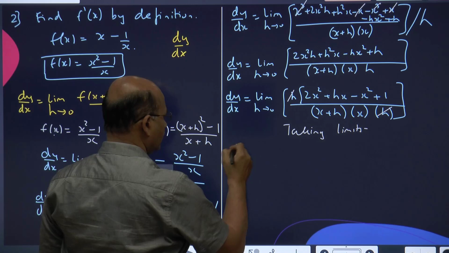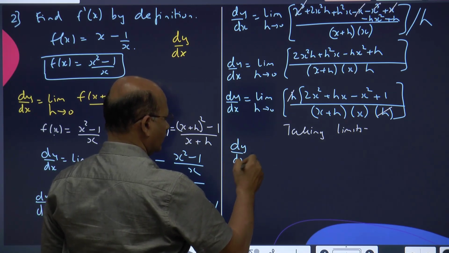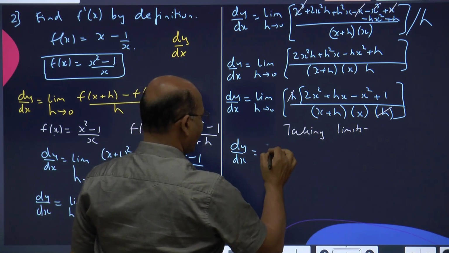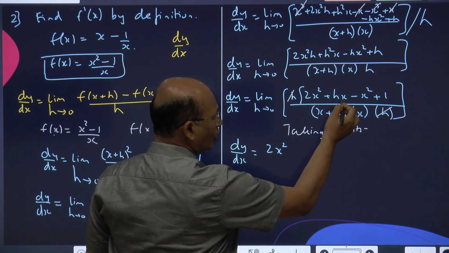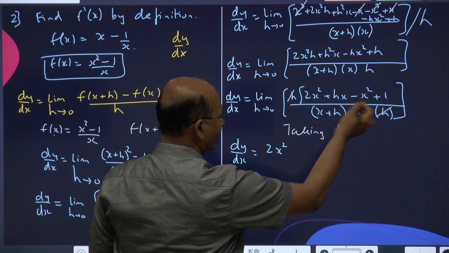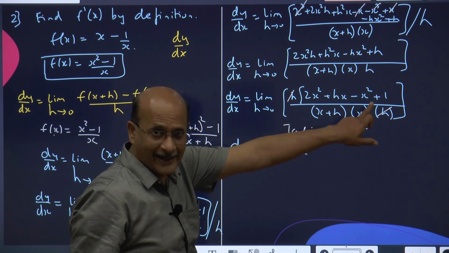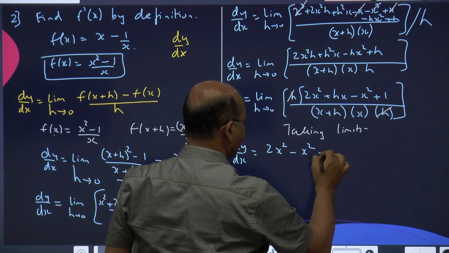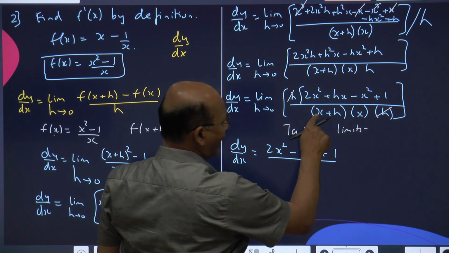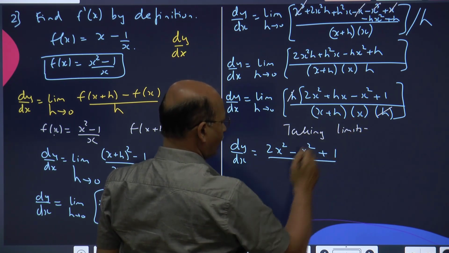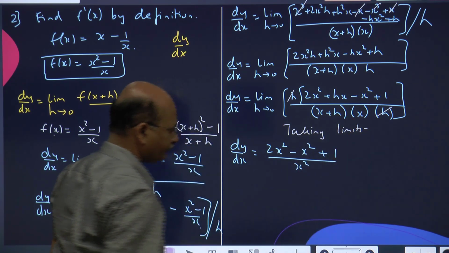So taking limits means I have to put h tends to 0. So what happens to dy by dx? 2x square, there is nothing to put. Minus x square, there is nothing to put here because h is approaching 0 and not x. Make a note. Here also there is nothing. Upon this, x plus 0 is x. x into x will become x square.